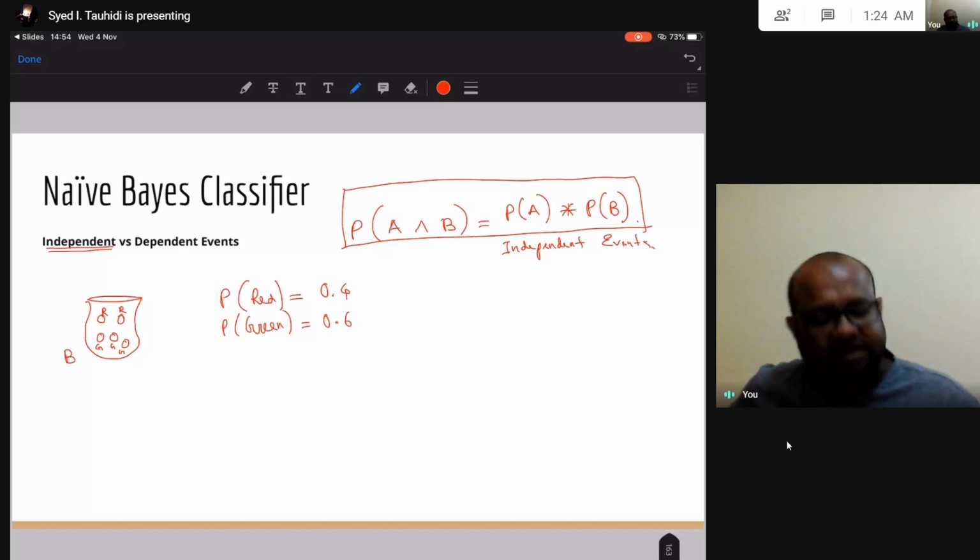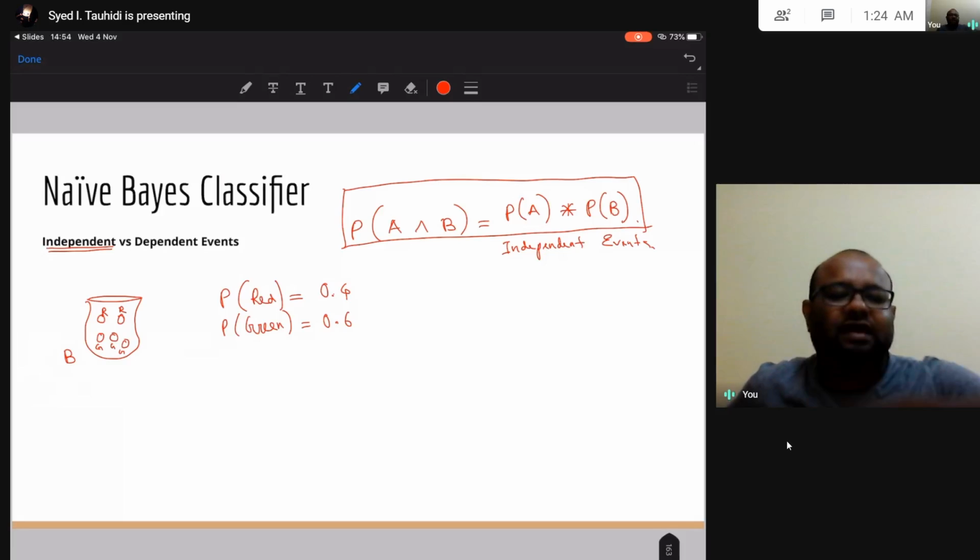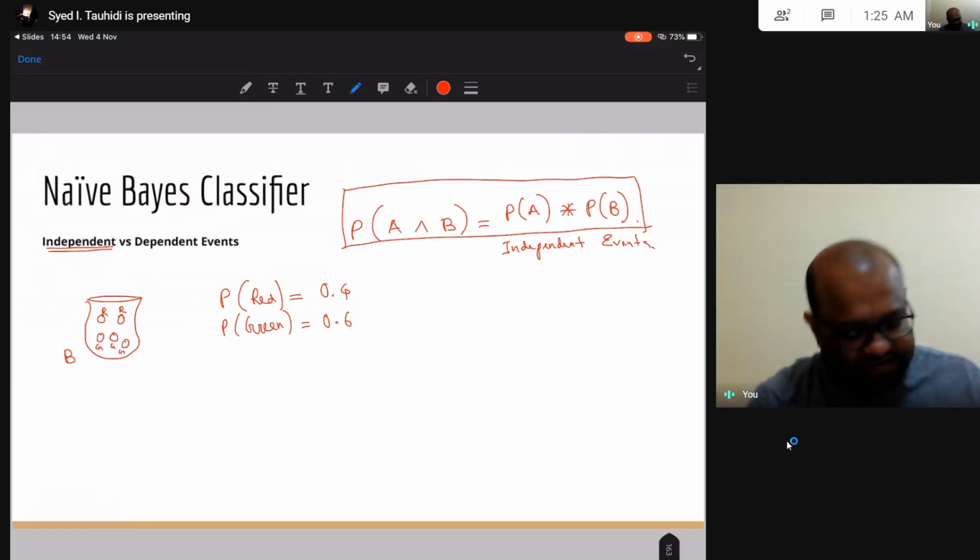Now here is the thing, I am given 2 events: pick first and pick again. Now this is the same bag. Once I pick a red, then my probability of picking a red again is going to change, right? Let us understand this.